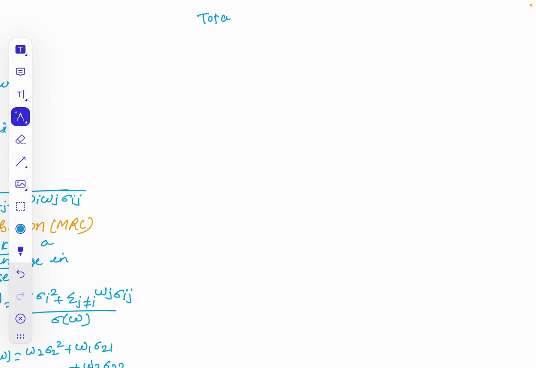The total risk of the portfolio R would be the risk contribution of asset 1 plus asset 2 plus asset 3, up to the risk contribution of asset N.